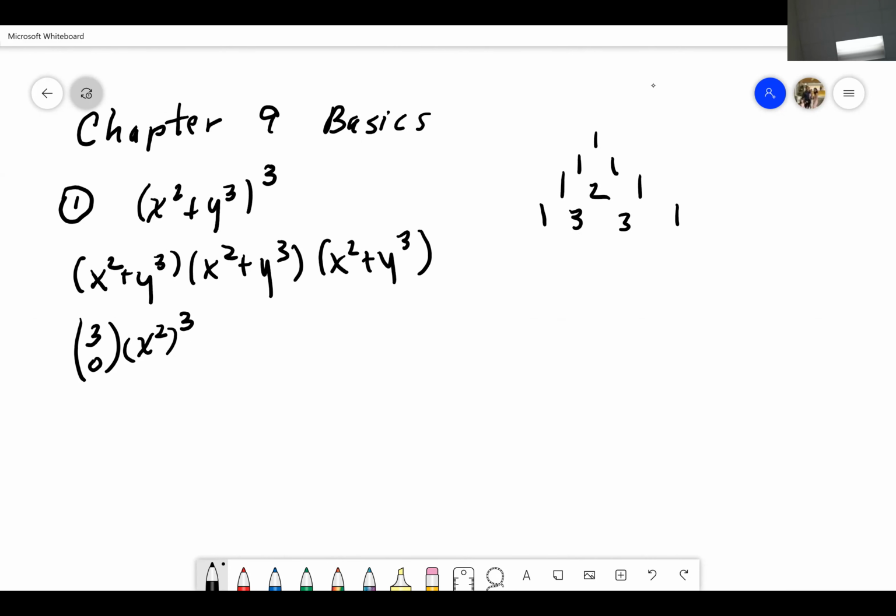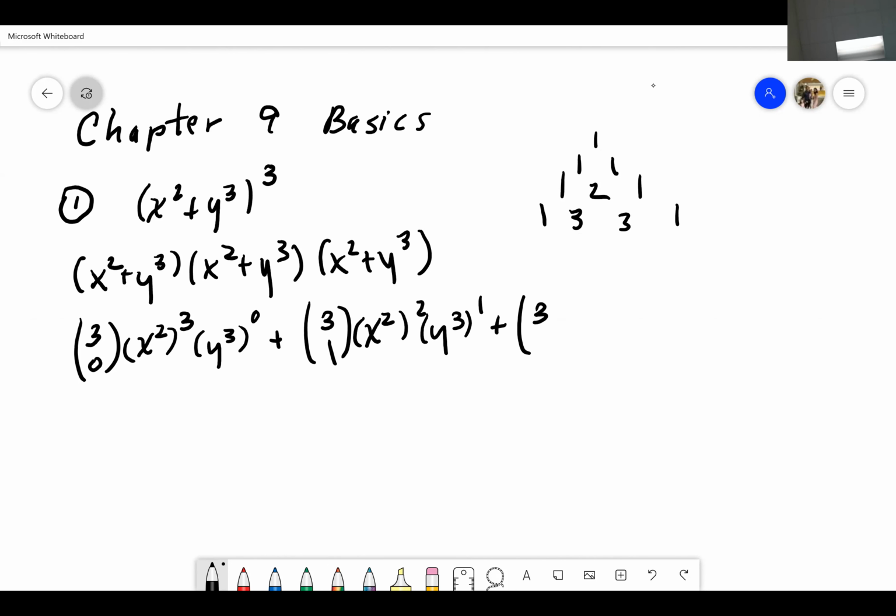wait, yeah, 3. And this next one will be y to the third to the, and then you will have 3, 1, x to the second, y to the third to the 1.